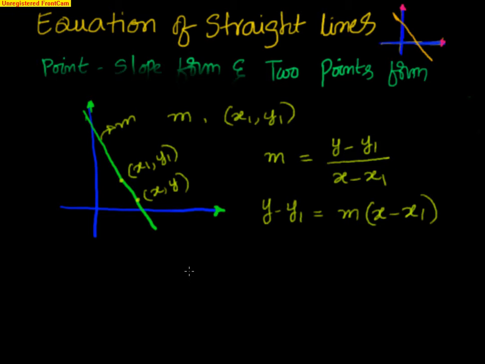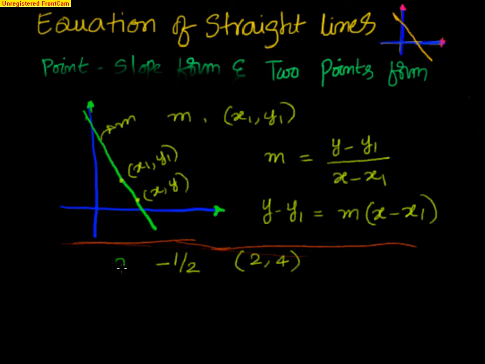Now let's try to do a simple example on this. Suppose I have been given slope as minus half and the point as 2, 4. I have been given slope as minus half, point x1 comma y1, 2, 4. So what will be my equation? Y minus y1, that is equal to 4.